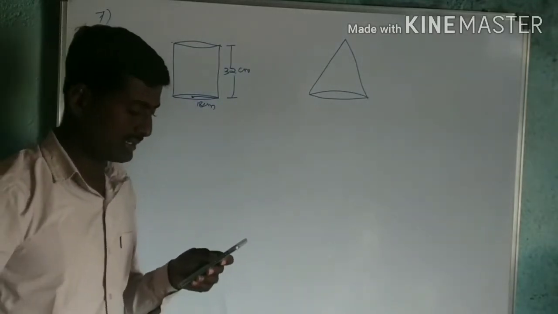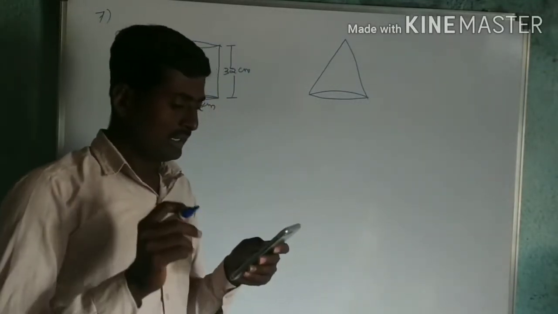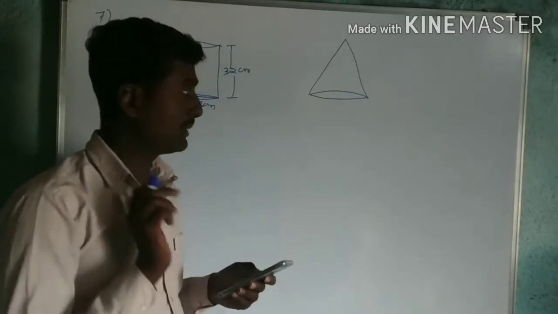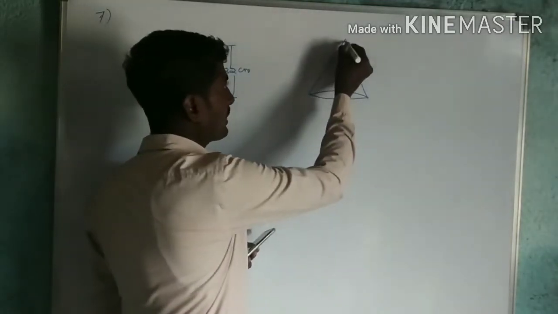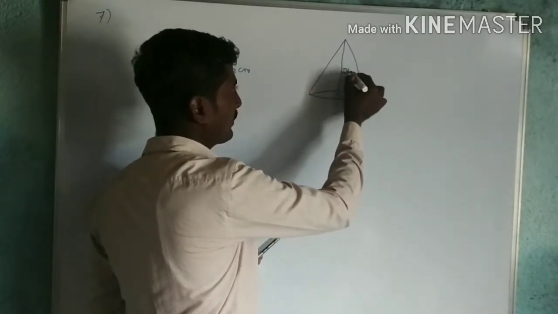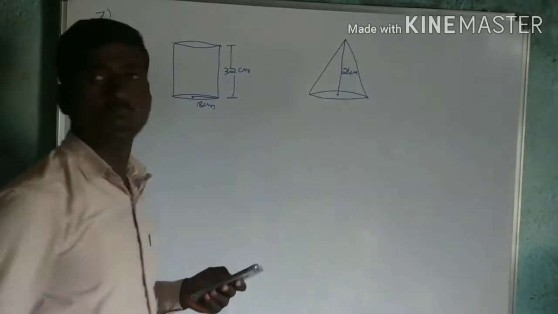Okay. Next you see that if the height of this conical heap is 24 centimeter, so here this height is given 24 centimeter, height of the cone they have given.